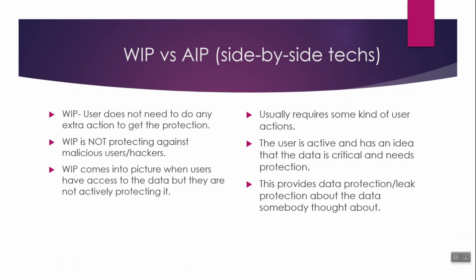What WIP would do over here is, if we have the appropriate policy set, it would stop the users from moving the data or the text or the attachment from the body of the email or subject line of the email outside of the Outlook application.